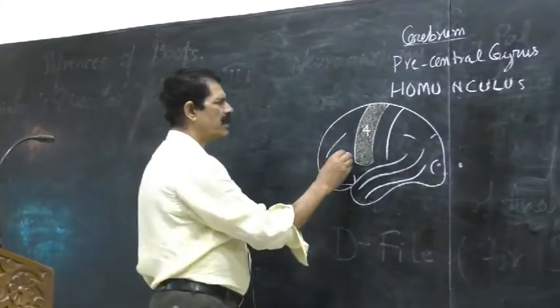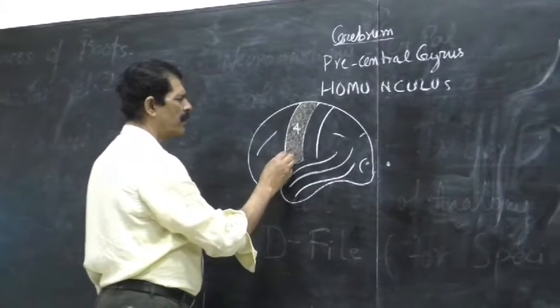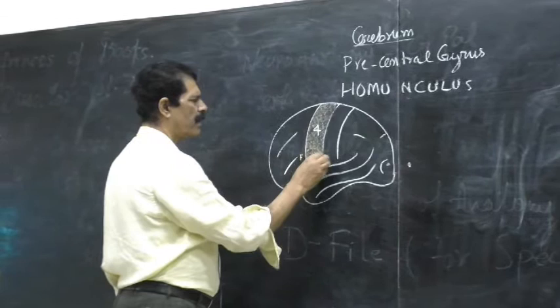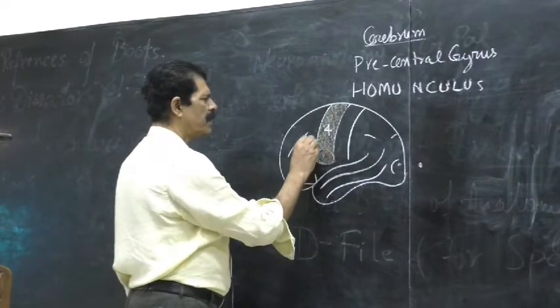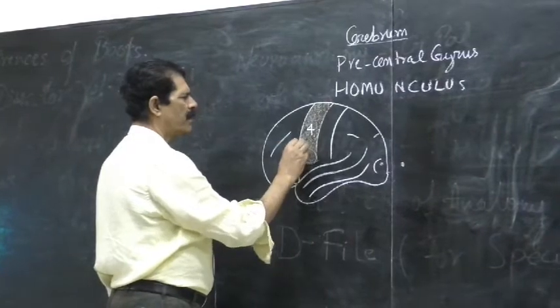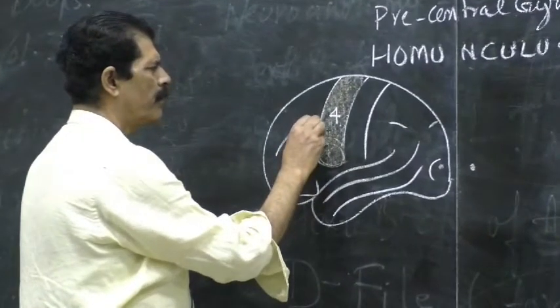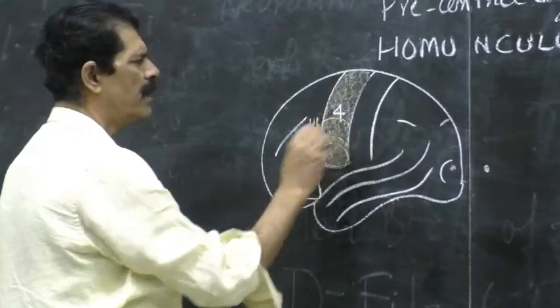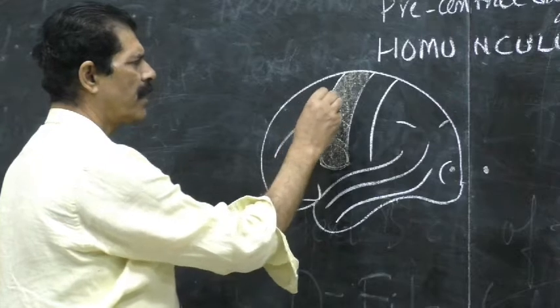So homunculus means, first of all, the muscles of the face are controlled from this area of the precentral gyrus, the lowest. Then comes the neck. So this area controls the muscles of the neck. Then the upper limb. So this area controls the muscles of the upper limb. Then the next comes the thorax.